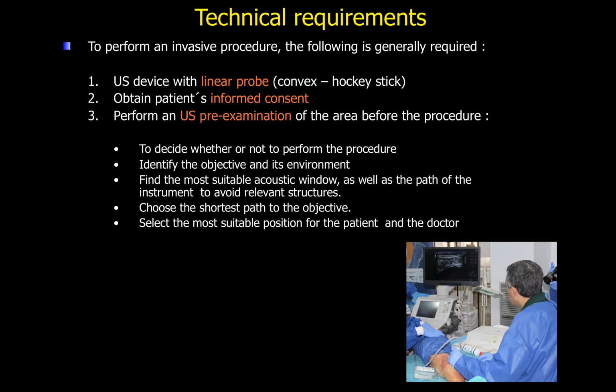Before we make the ultrasound, the diagnosis or the procedure, we have to make a pre-examination of the area, to decide whether or not to perform the procedure, to identify the objective and its environment, to find the most suitable acoustic window, as well as the path of the instrument to avoid the relevant structures, and also to choose the shortest path to the objective and to select the most suitable position for the patient and the doctor.